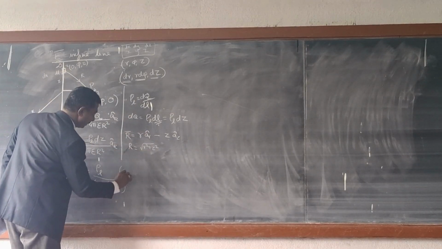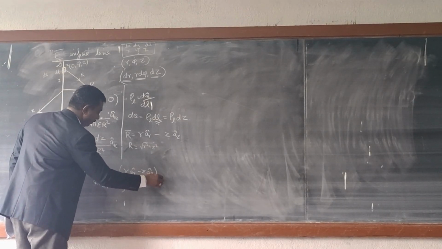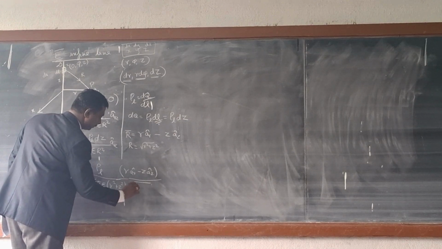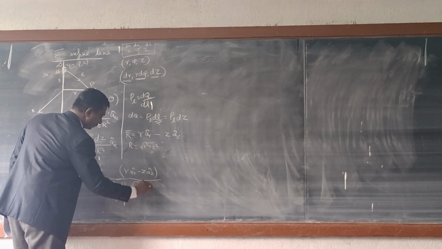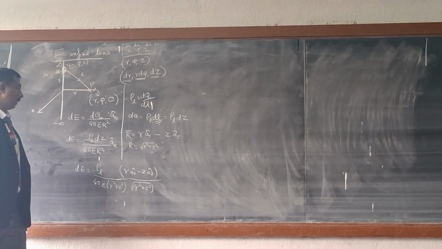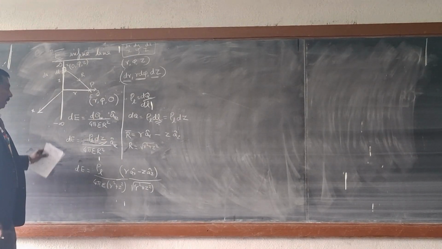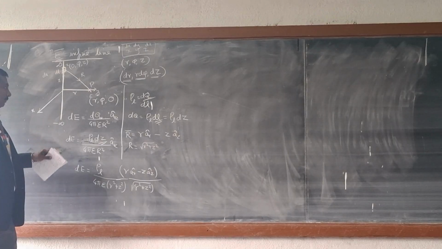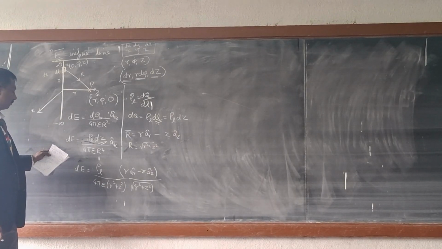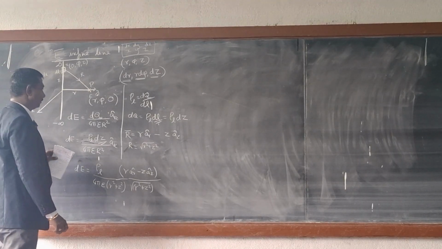Given vector by modulus of that vector. Okay, this is the case. Now I have left some place for dz. What is dz? What is z?